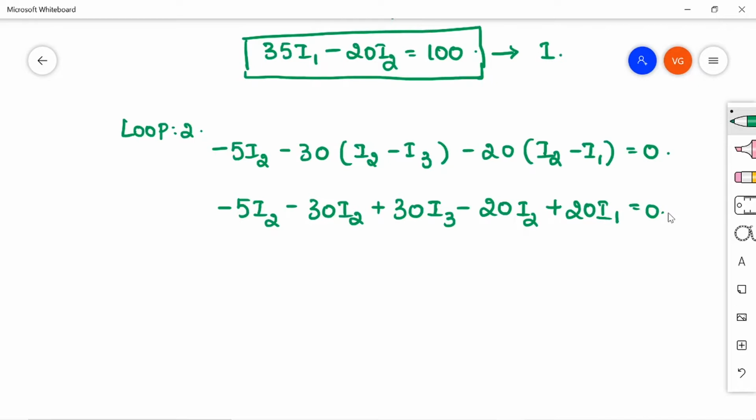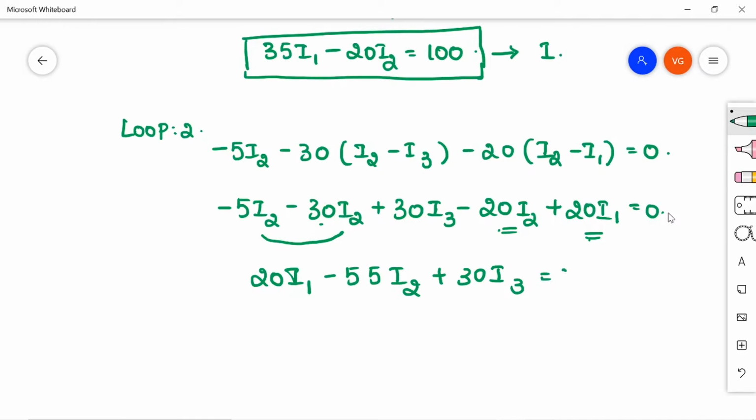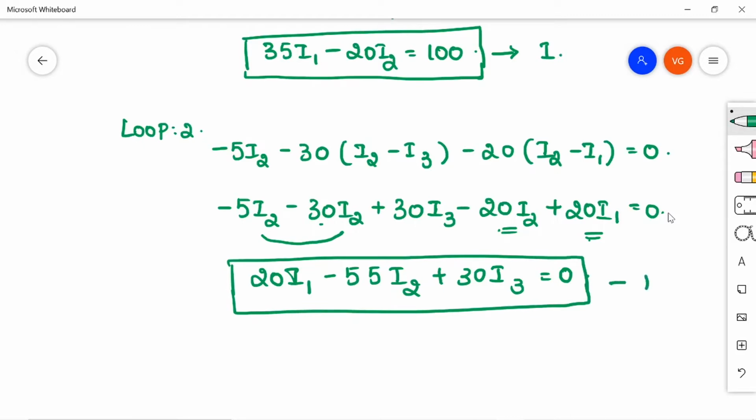So you can combine all the common terms. I have only one I1 term, 20 I1, and I2 I have 2 and 3 here, right? So that is totally 30, 20 and 5, minus 55 I2 plus 30 I3 is equal to 0. This is my loop 2 equation. So call this as equation number 2.